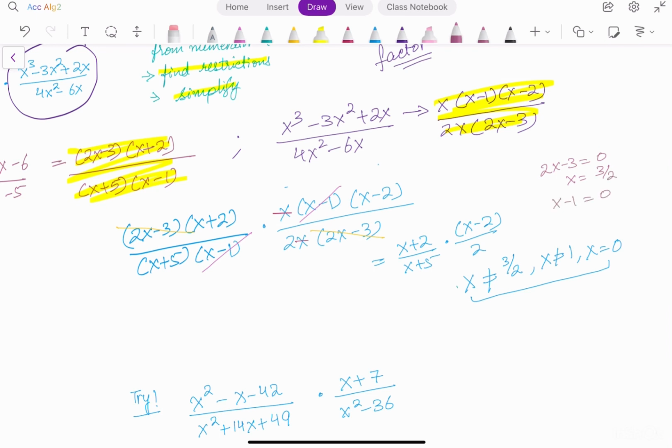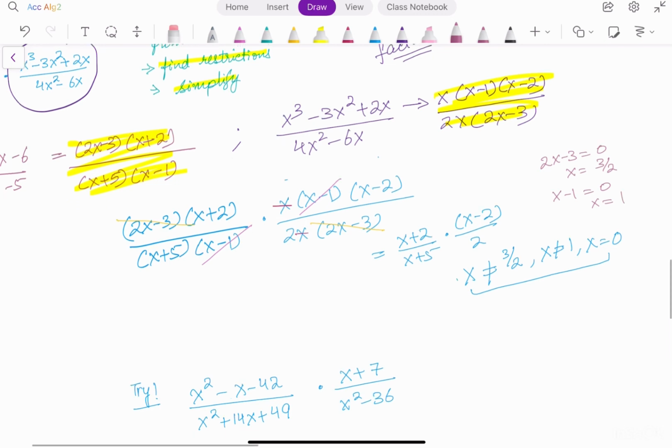If you put x as 3/2, it will make the whole entire denominator 0. Same thing, we cancelled out x minus 1, that means x cannot be equal to 1, and we cancelled out x as well. So x cannot be 0, because these numbers will make our fraction's denominator 0, and we don't want the denominator to be 0.